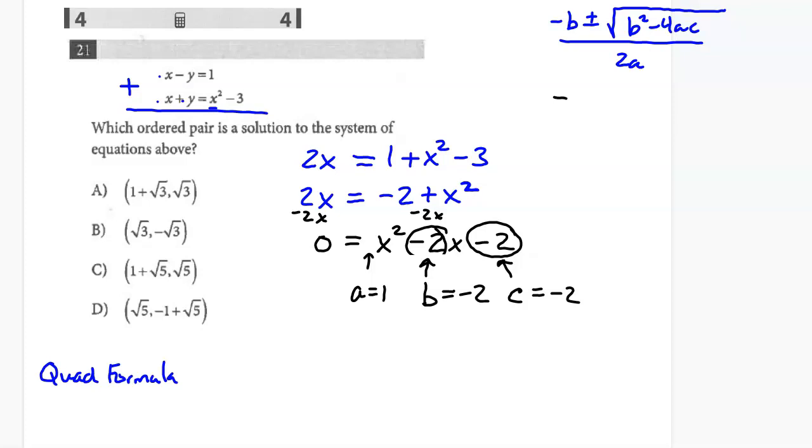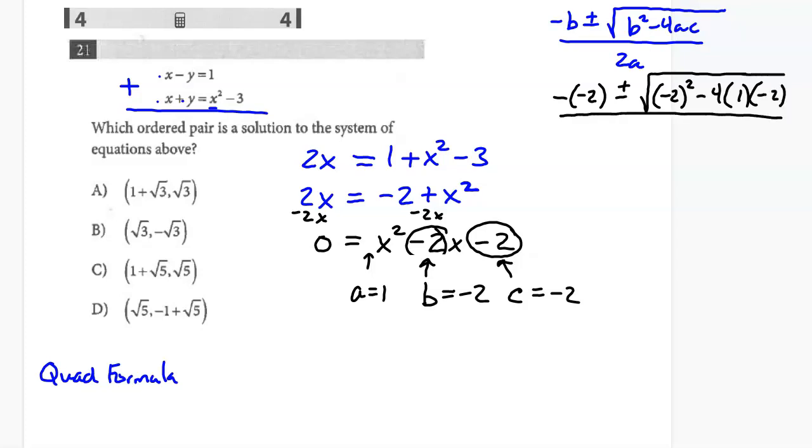So I have negative b, be careful, that's a double negative, plus or minus the square root of b squared. When you do that in your calculator, hopefully you don't need your calculator, but if you do, put parentheses around it, minus 4 times a times c, all over 2 times 1, which is 2.